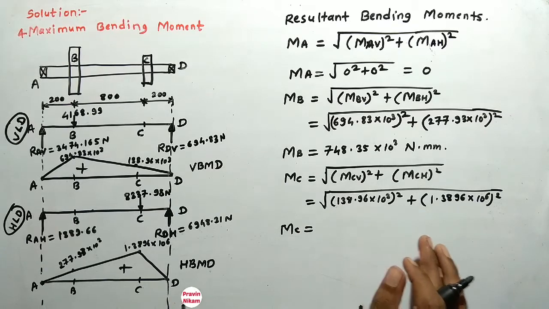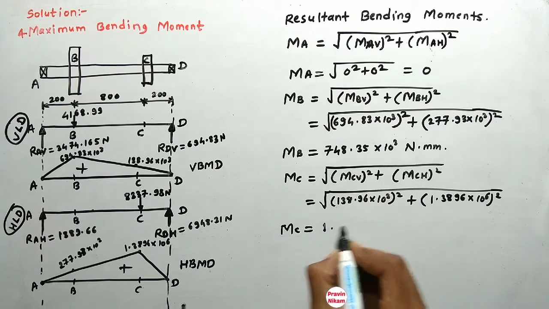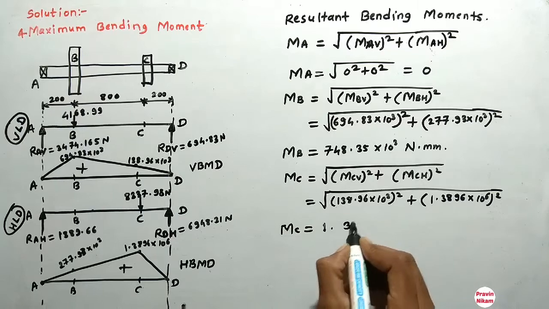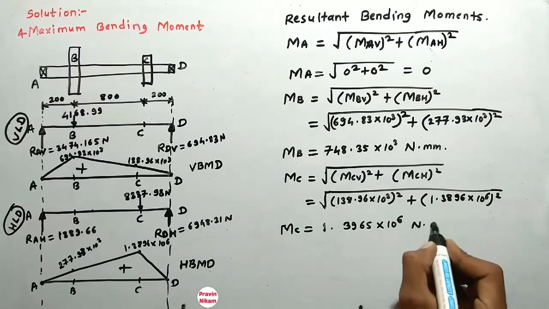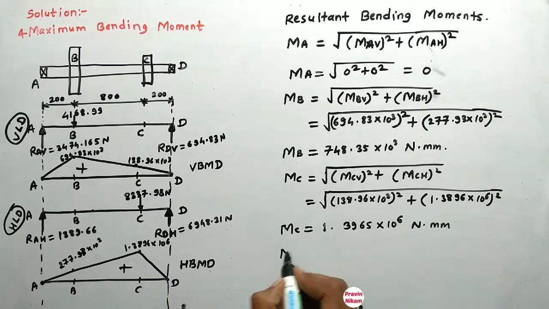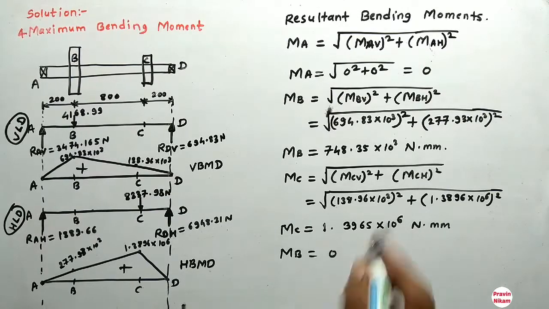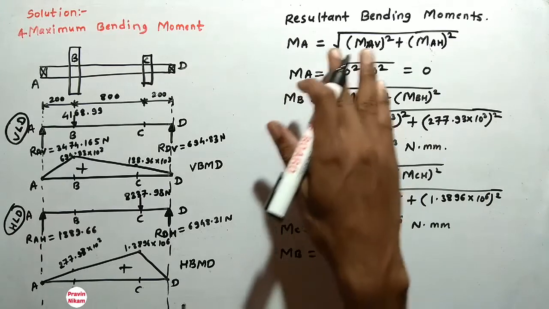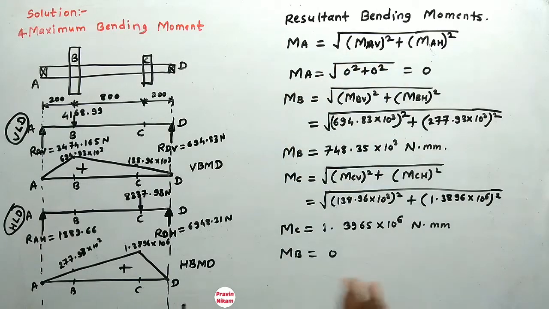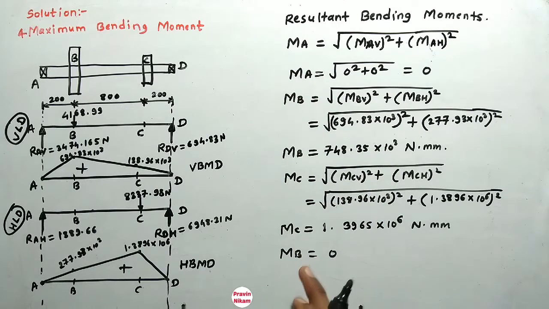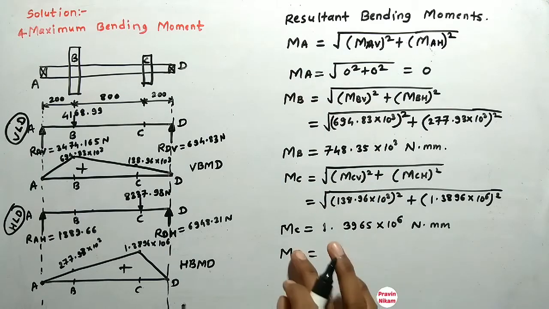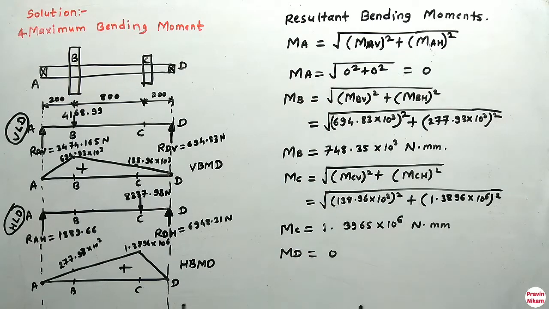Put the values in your calculator. You will get MC as 1.3965 into 10 raised to 6 Newton mm, and we know MD is equal to 0. Similarly as A, MD is also equal to 0. So therefore from all these values, that is MA, MB, MC, MD.